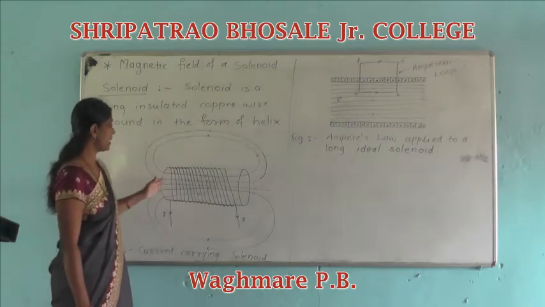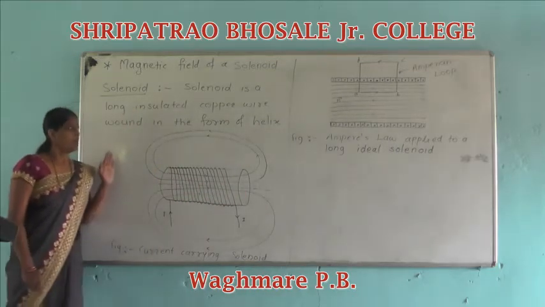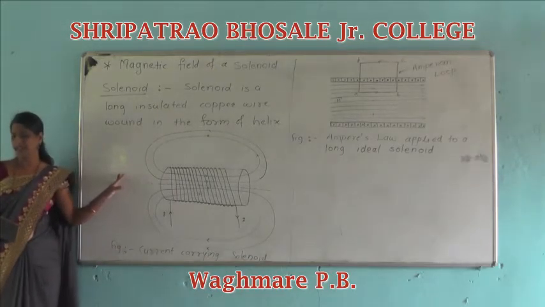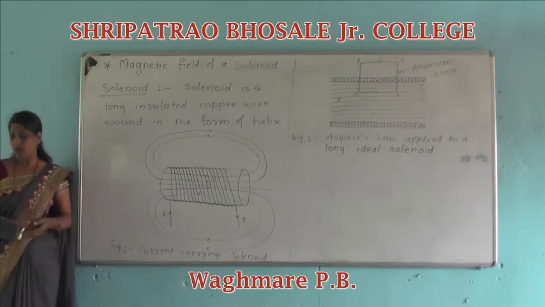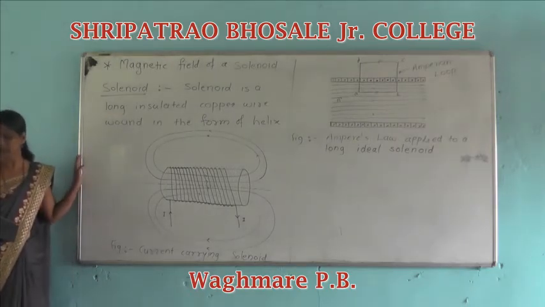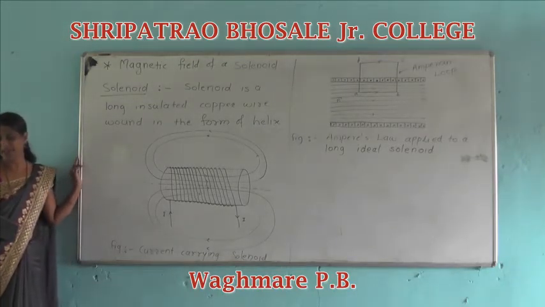It is maximum at the axis of the solenoid. Now we can discuss the magnetic field developed due to the current passing through the solenoid.